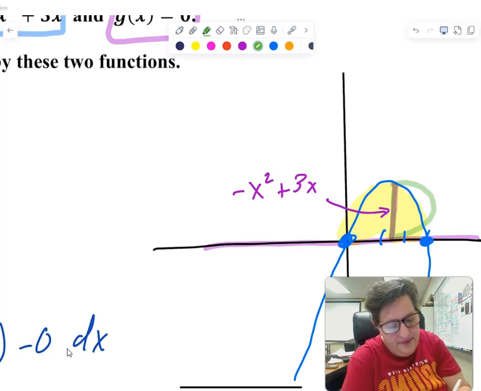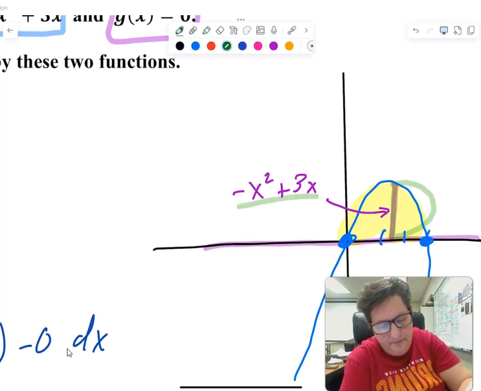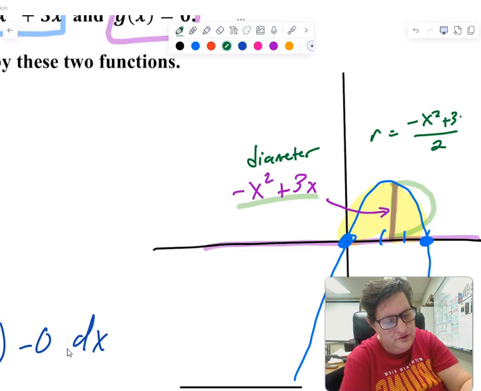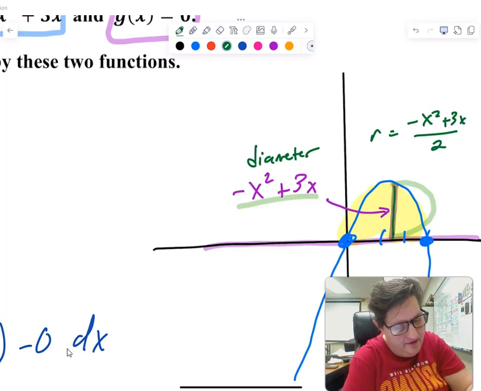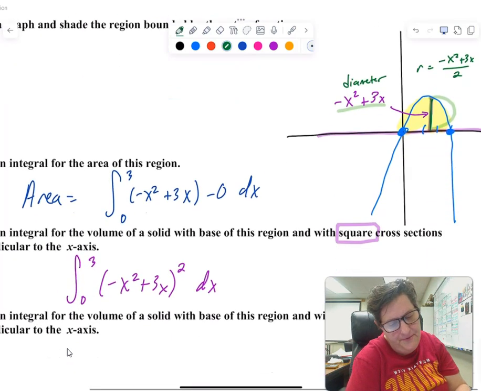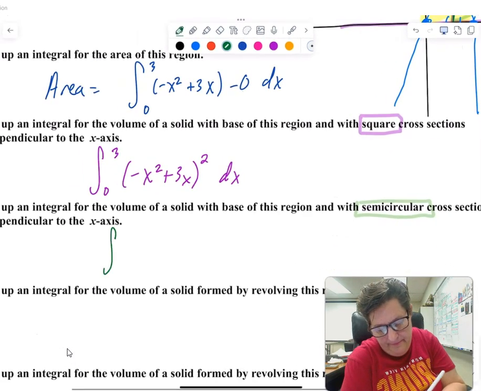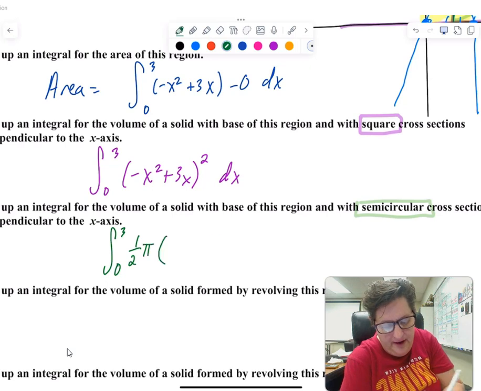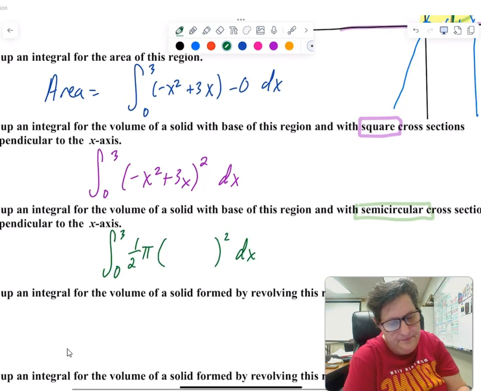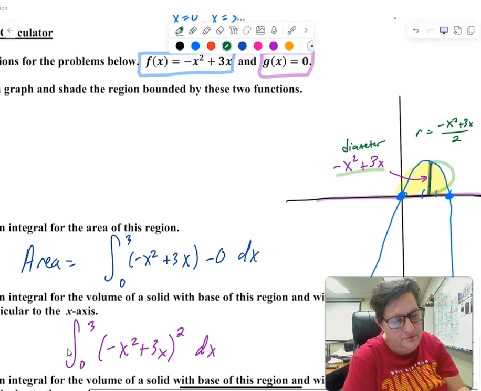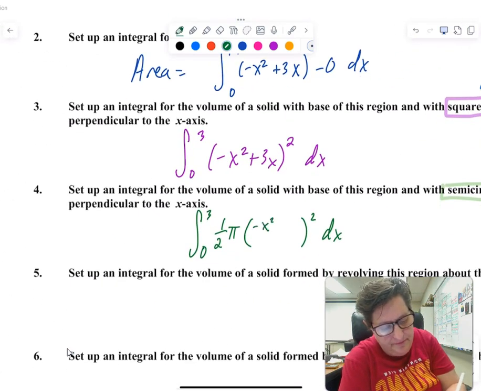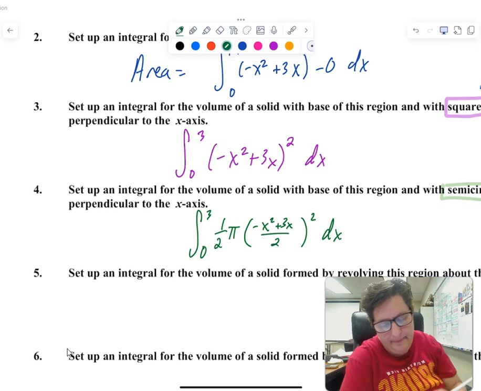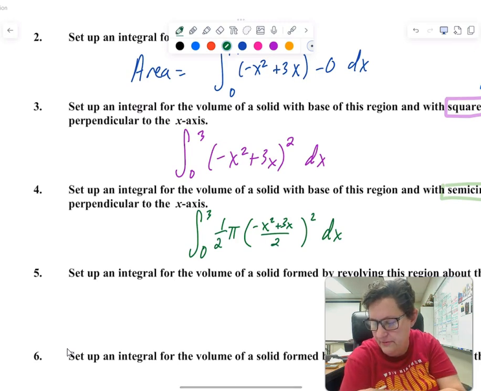That's the diameter, which means that the radius is that over 2. It's just half of that distance. So when I set this up, 0 to 3, it's going to be 1/2 pi r squared, and the r is negative x squared plus 3x over 2. So that's how we would set up that one.